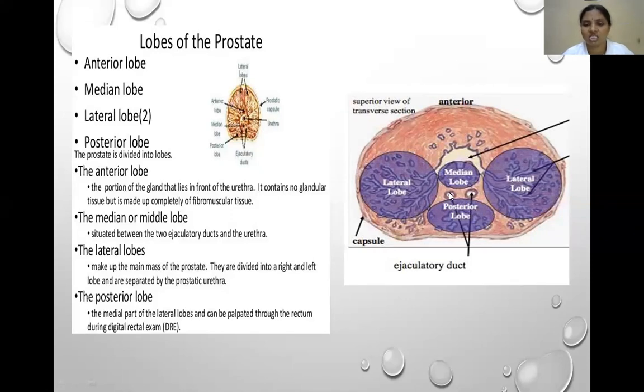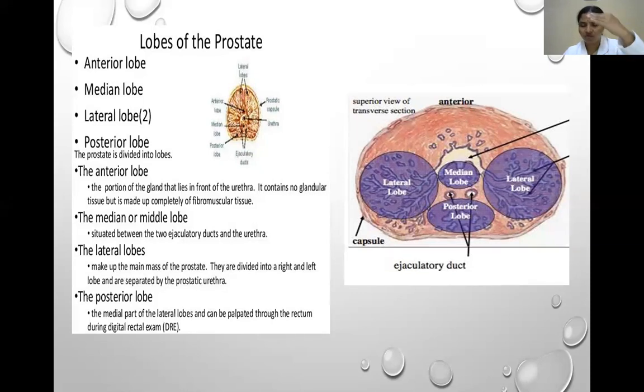What is that? The duct of the seminal vesicle and the vas deferens fuse to form the ampullary duct, that is, the ejaculatory duct. So the ejaculatory duct pierces the prostate gland and opens into the urethra. These ejaculatory ducts divide the posterior surface; where the ejaculatory ducts enter, they divide the posterior surface into upper and lower parts.